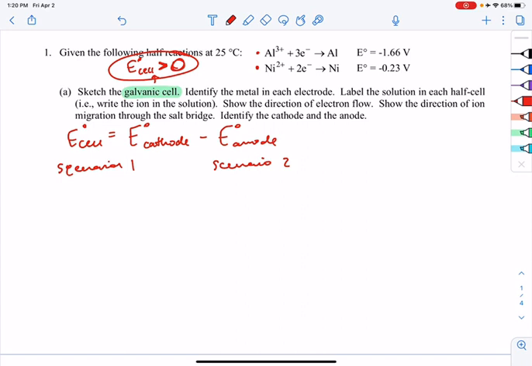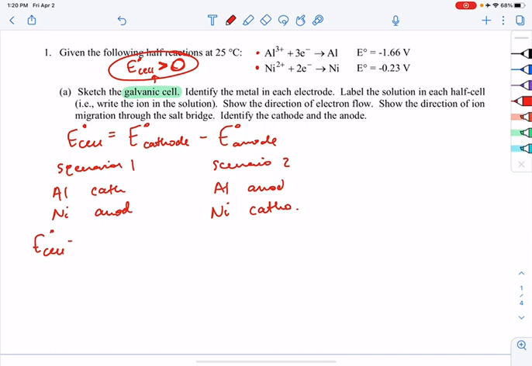Scenario 1, we'll have aluminum as the cathode and nickel as the anode. Here we'll have aluminum as anode and nickel as cathode. So E cell here would be equal to the cathode, which is negative 1.66 minus negative 0.23.